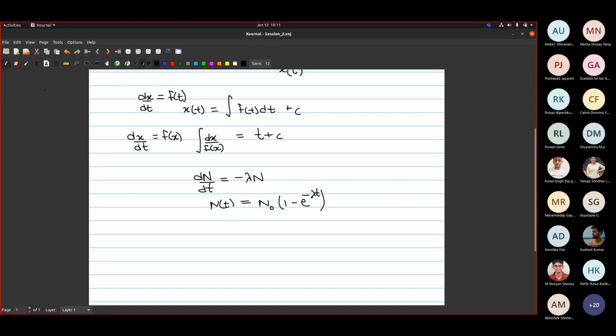One second. This function is something like this. Wait, is this correct?